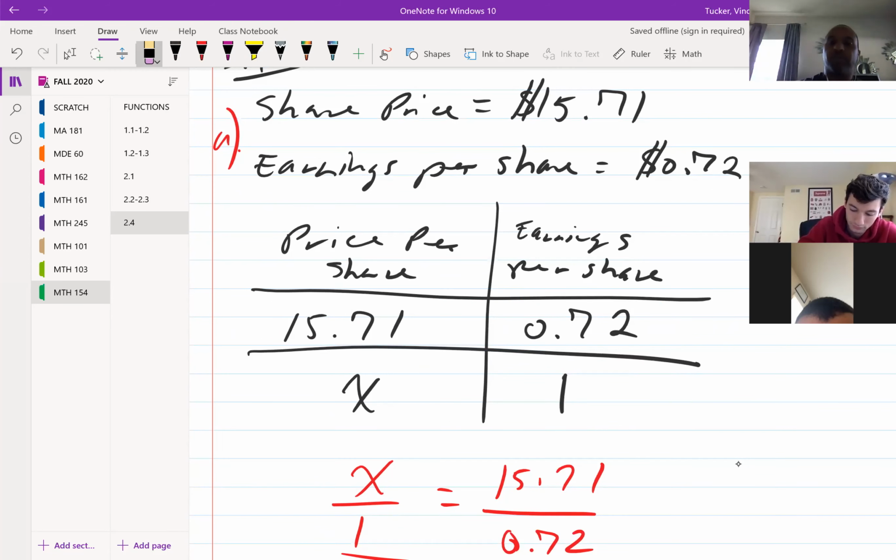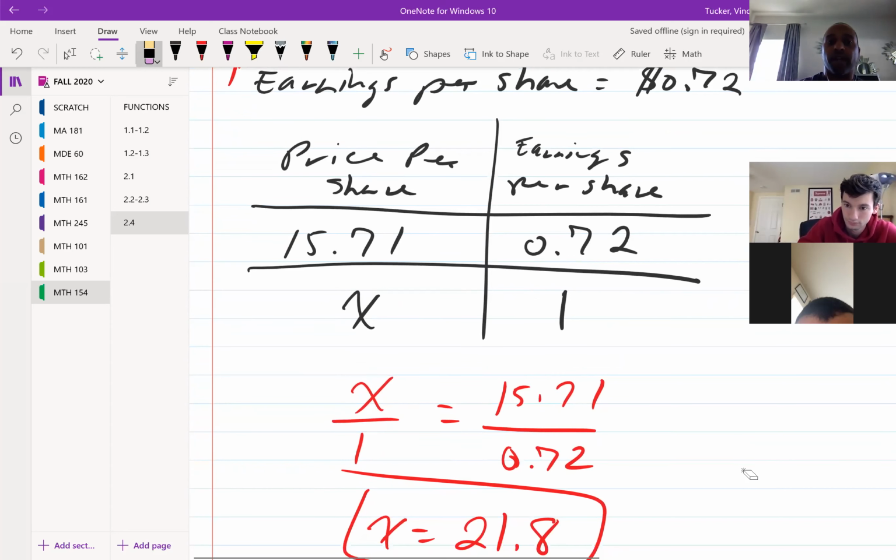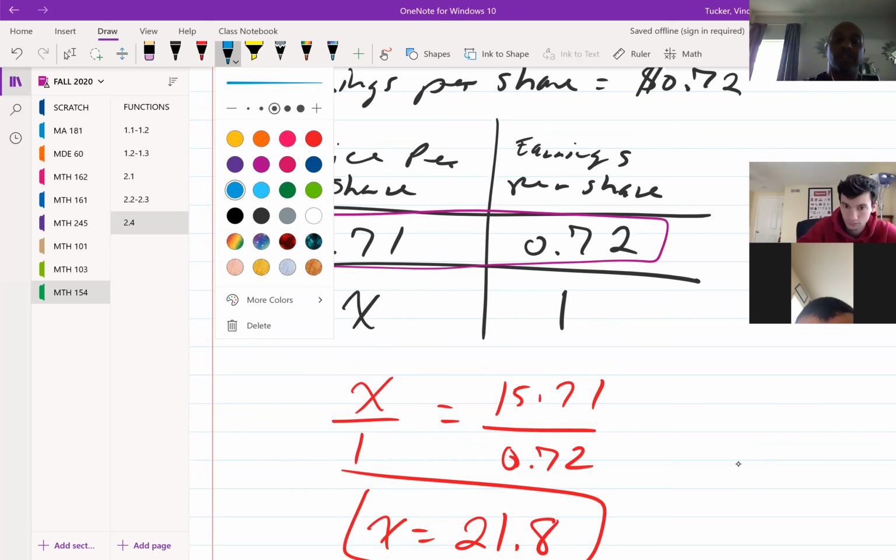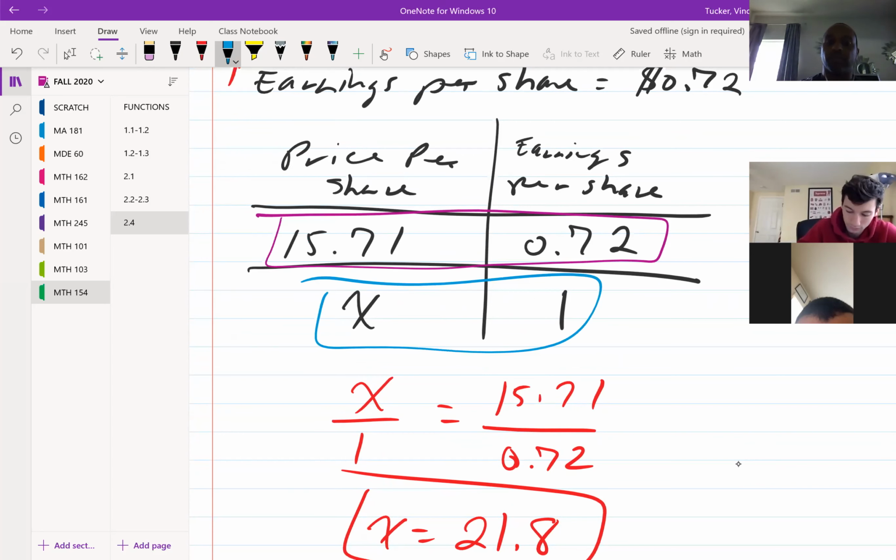So we can set it up according to this ratio right here. Price per share on top, earnings per share on bottom. We just have to stay consistent in setting up our ratio when we set up our proportion. So 15.71 over 72 cents, and then X over 1 being the other fraction. So that's what we have going on here.